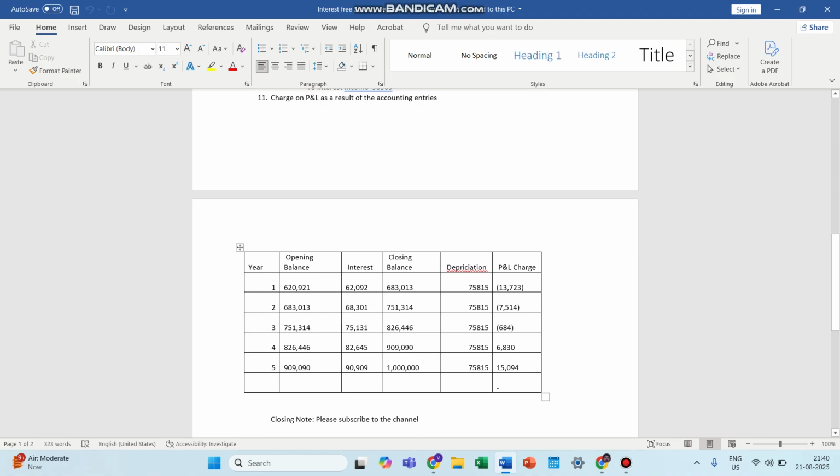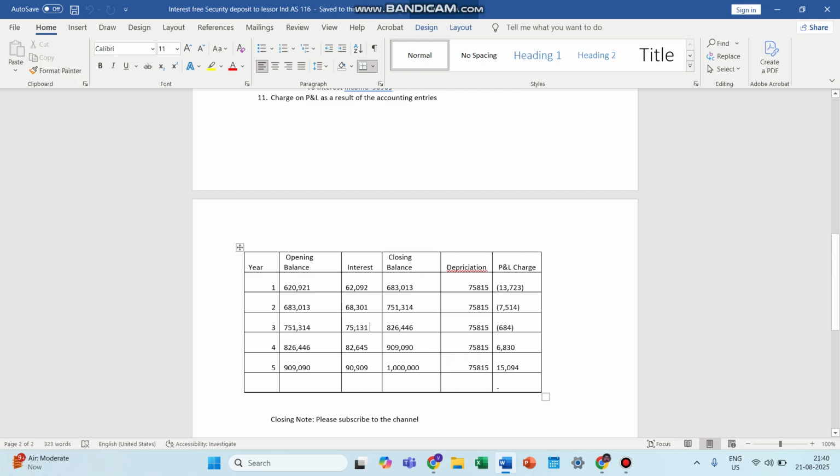Now in the year 2, 68301 is the interest income, and depreciation charge is 75815, and hence there will be an additional charge of 7514 to the P&L. In year 3, 75131 is the interest income, and 75815 is the depreciation. So 684 would be the additional charge on the P&L.